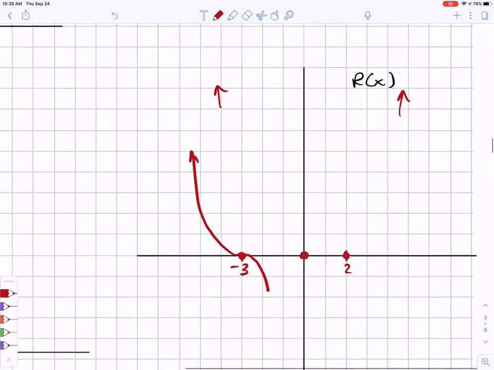All right, and then the next 0 that I have to contend with is the x equals 0, the one at the origin. How do I react to the one at the origin? Do I go through it or do I bounce off of it? Bounce off of it. Okay, so I'm going to come up and bounce off, something like this.